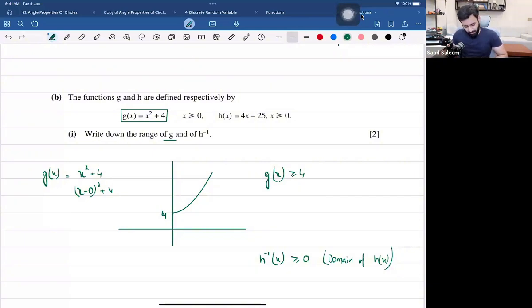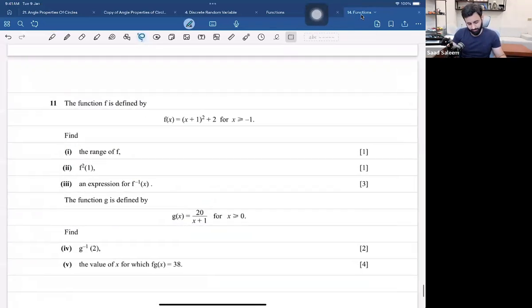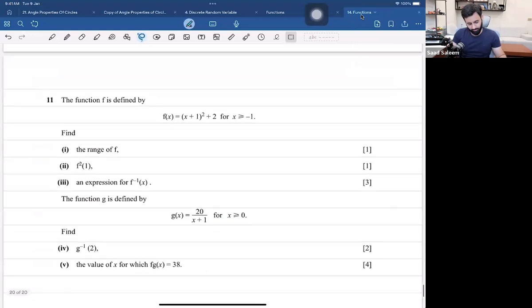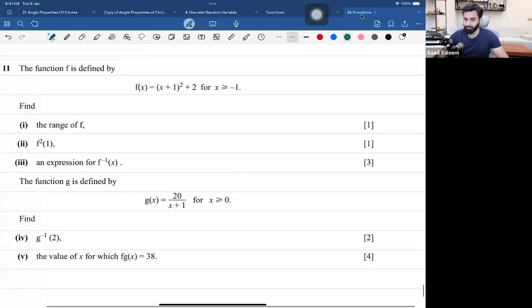Okay. So I have another question which I'd like you guys to solve here. I said, okay, did you make a sketch? Did you make a sketch? Yes or no?